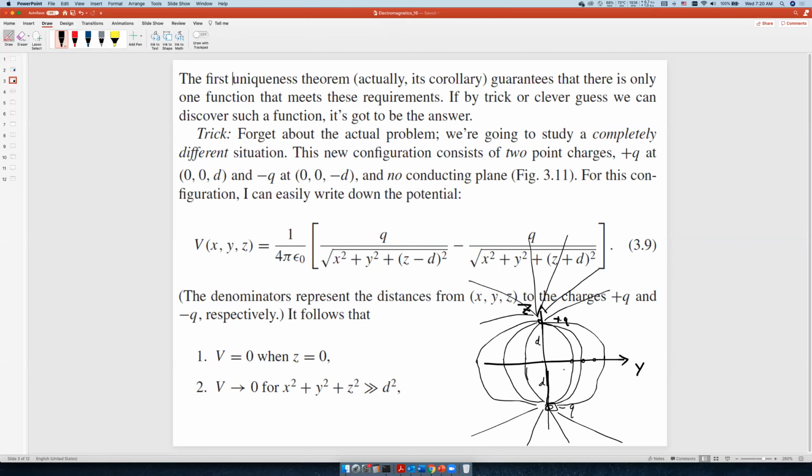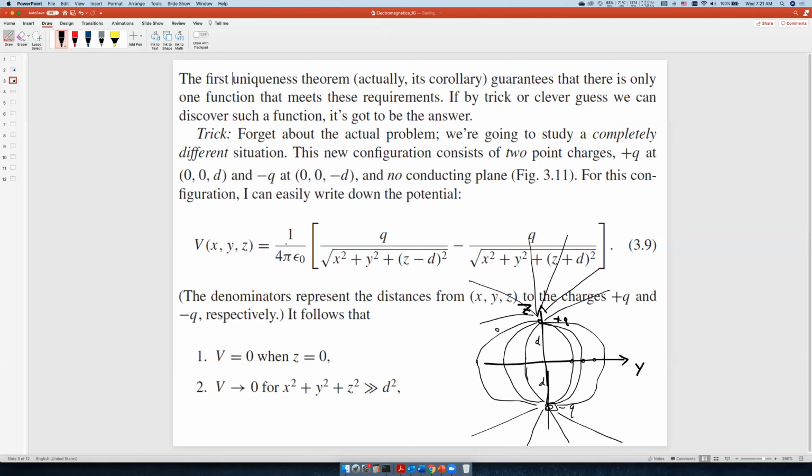Now in this situation, it's very easy to solve the problem. If you are asked to calculate, let's say, the potential above the plane, let's say here, the potential is generated by plus Q and negative Q in these two locations.